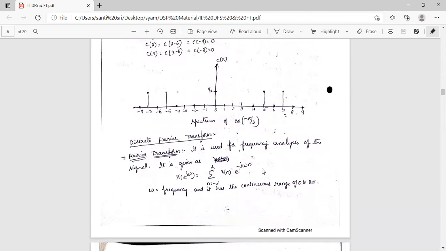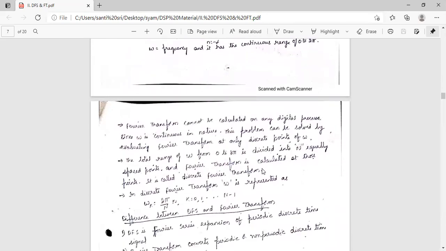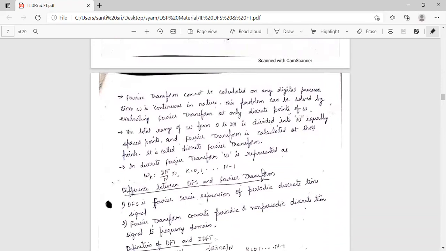If we take the general Fourier transform, X(e^{jω}) = sum over n from -∞ to ∞ of x(n) e^{-jωn}. Here ω is the angular frequency and it has a continuous range of 0 to 2π. Like this, in the discrete Fourier transform ω is represented as 2π/N times k, where k = 0 to N-1. So this is our discrete Fourier transform.